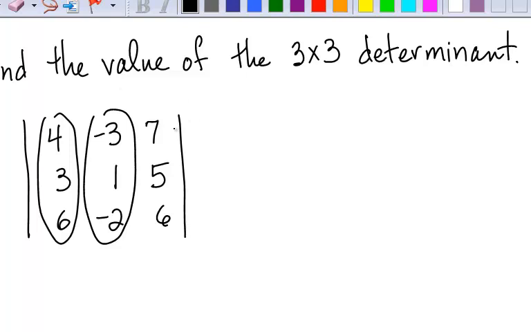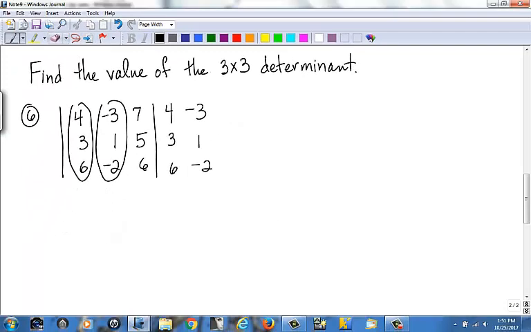Okay, so your handwriting is important on this. You want to line them up. Columns go up and down. So you're repeating the first 2 columns on the outside.